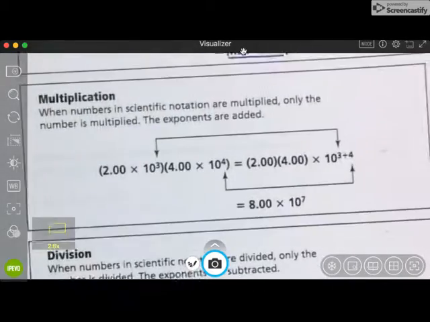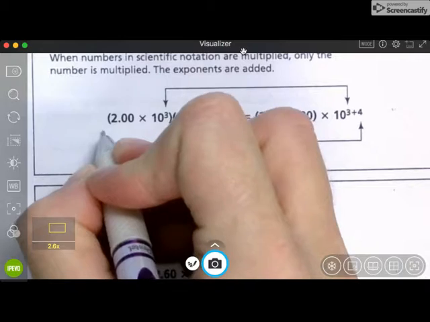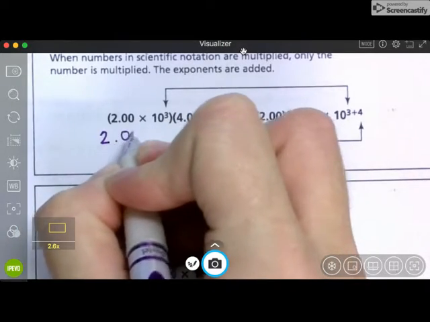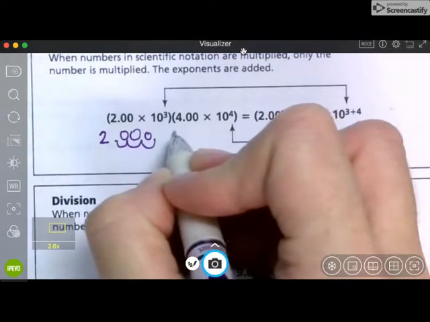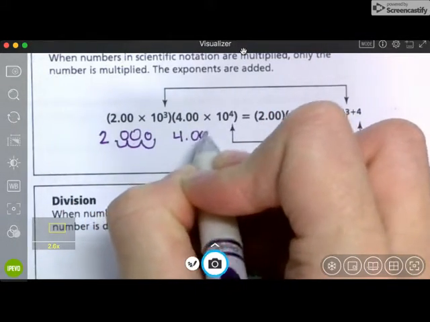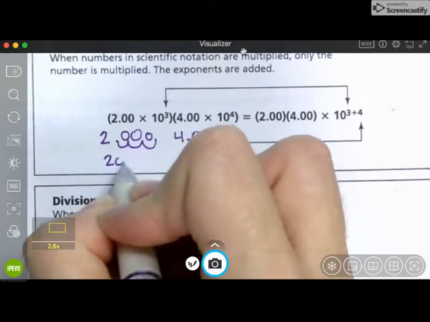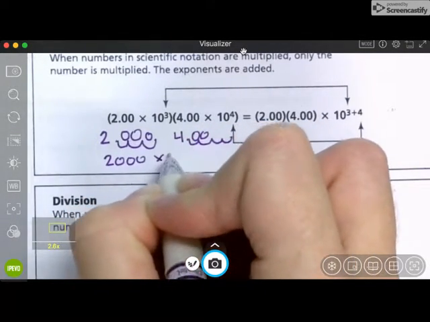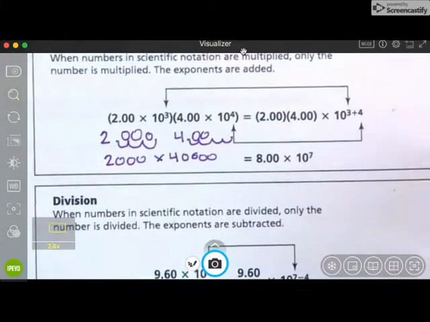Okay, so now we're going to look at multiplication. So I have 2.00 and I move it 1, 2, 3. And I have 4.00 and I move it 1, 2, 3, 4. So I'm doing 2,000 times 40,000.